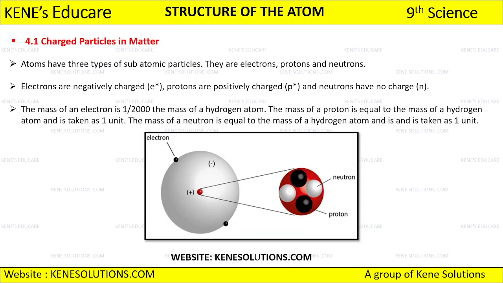After this, we discussed charged particles in matter. I want each one of you to please go through it once. We know that atoms have three types of subatomic particles in them, which are electrons, protons, and neutrons. Here we have information on electrons, protons, and neutrons.